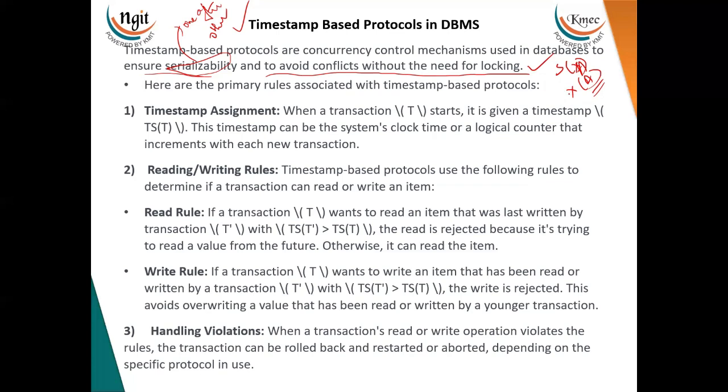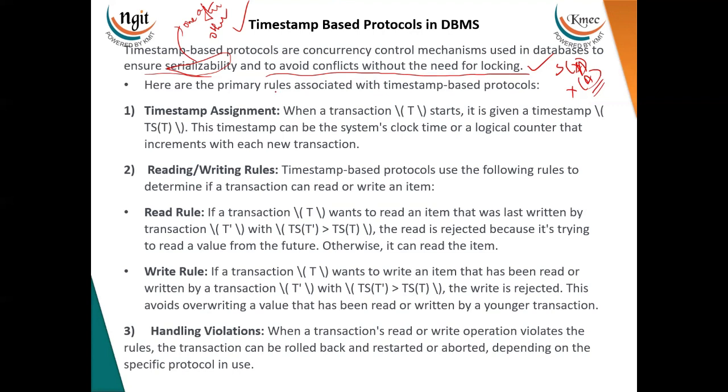Only once the transaction releases the locks, the other transactions which are waiting in the queue can acquire the locks and then start their execution. But here, timestamp based protocols can ensure serializability without any conflicts, without making use of locking.